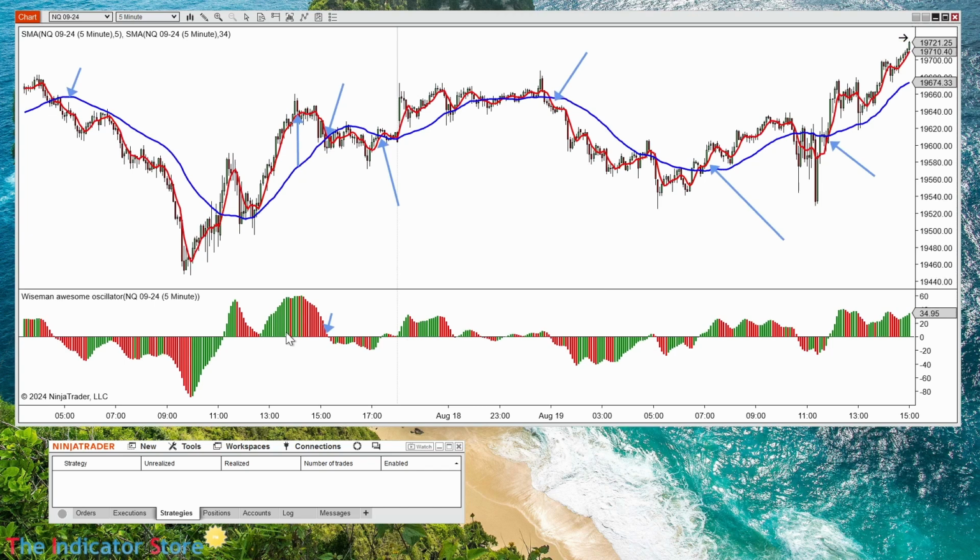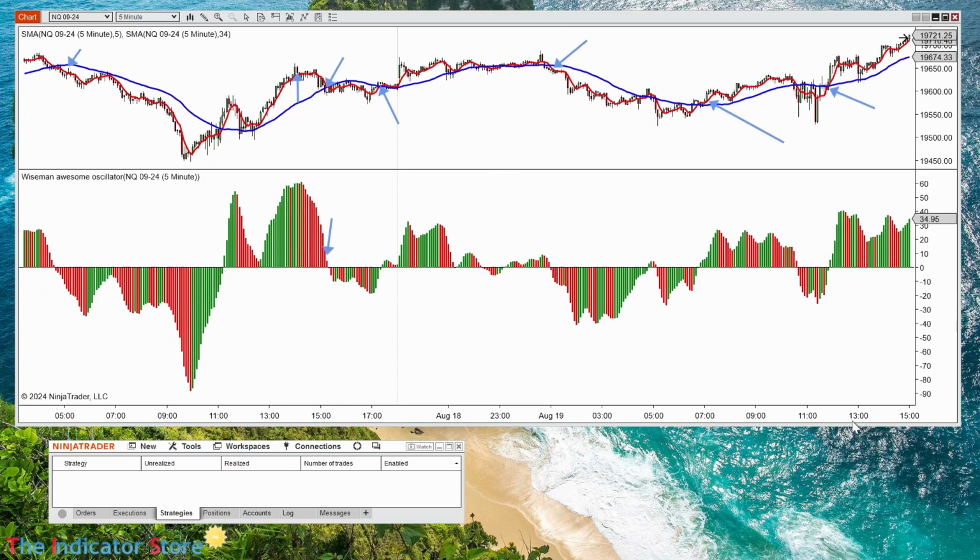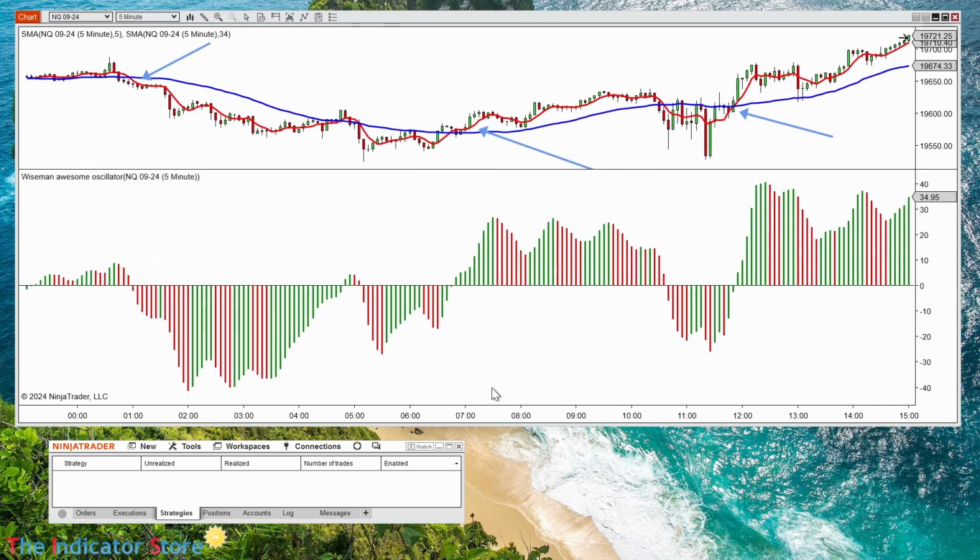One of the most common setups on the awesome oscillator is looking for a place where it is the first time that the color of the histogram is green, but being positive. Okay, so the oscillator is positive, it is decreasing and then increasing again.